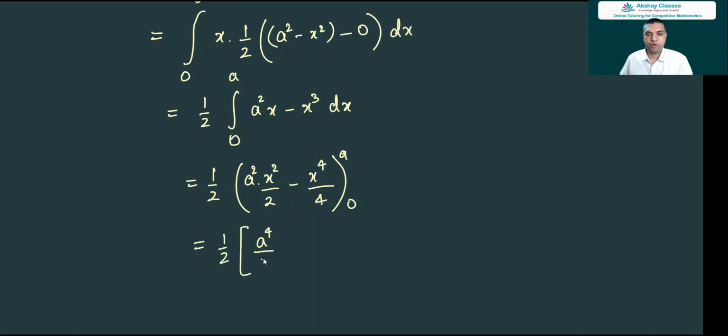This is a power 4 upon 2 minus a power 4 upon 4. We get a power 4 upon 4. So you get a power 4 upon 8. This is the answer.